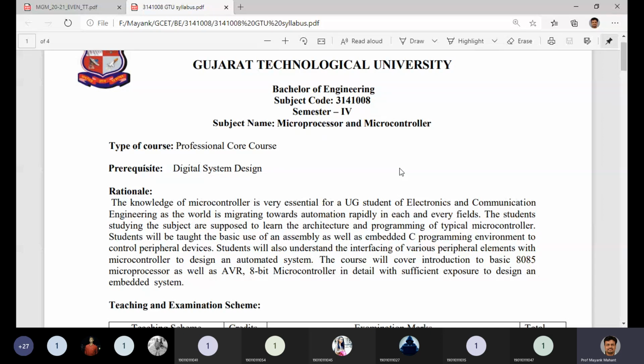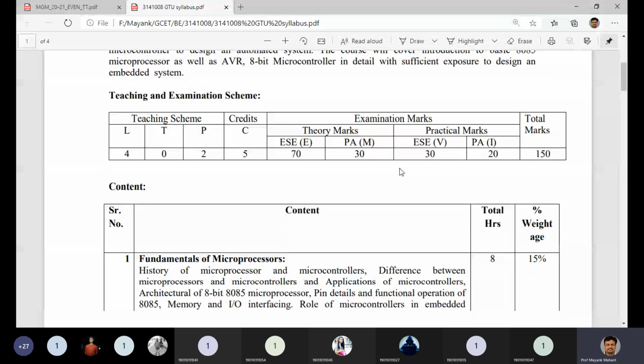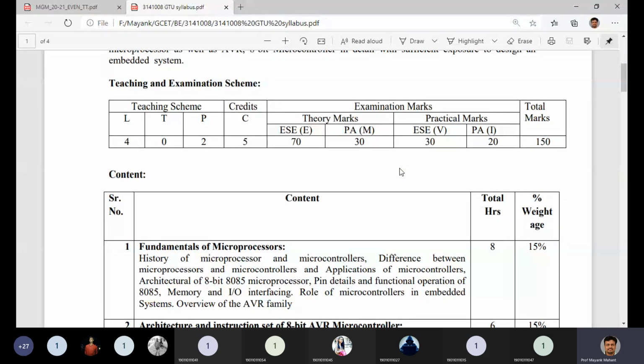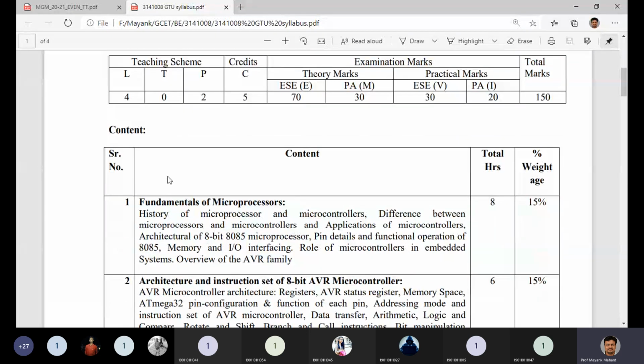Okay, now the teaching scheme includes 4 lectures and 2 practicals, and it is in all a 5 credit subject. It has 70 marks of end semester examination, which is the paper that you are going to give.